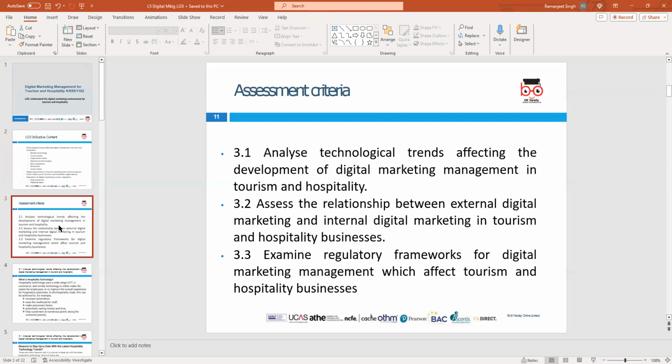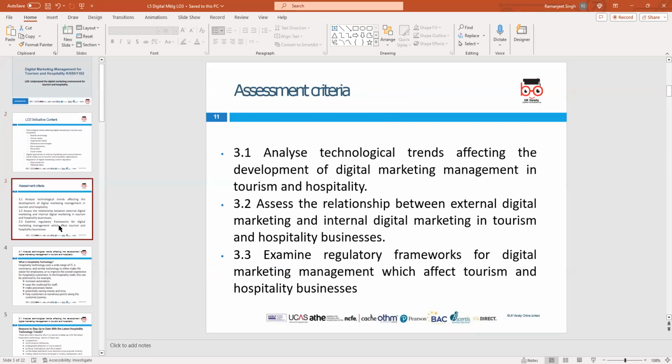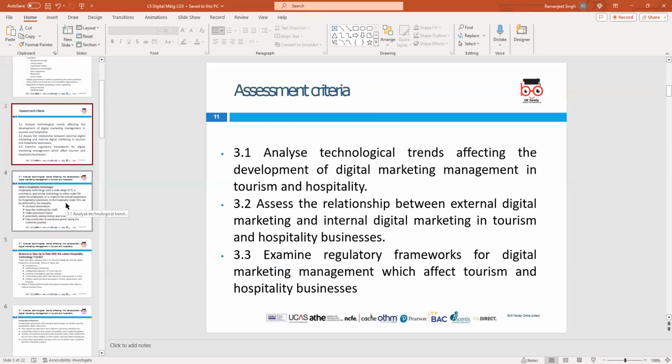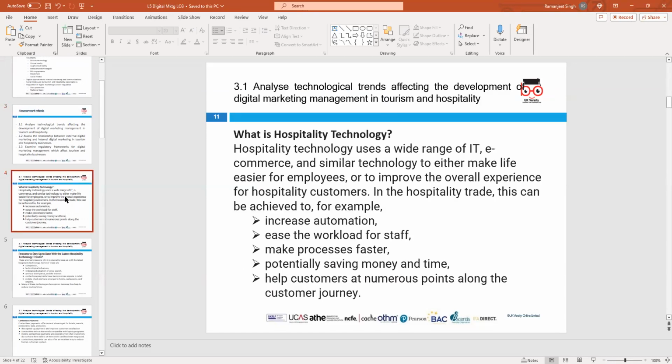Every country will have its own laws and regulations affecting the tourism industry, in particular the electronic and internet industry. So this is the typical content for today's lecture.